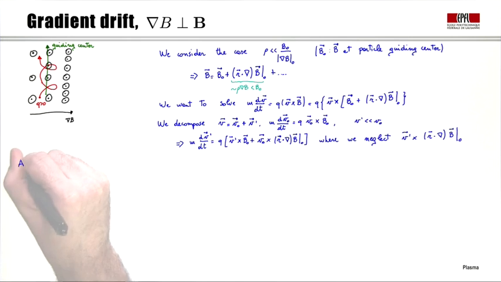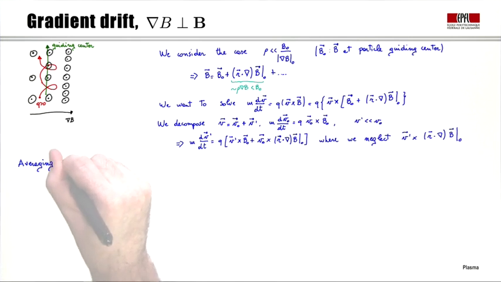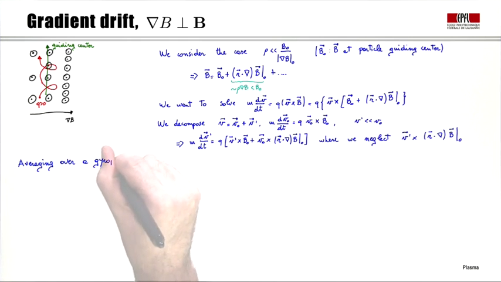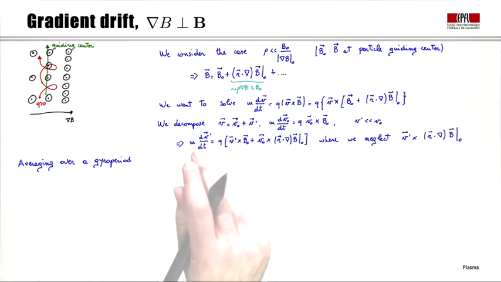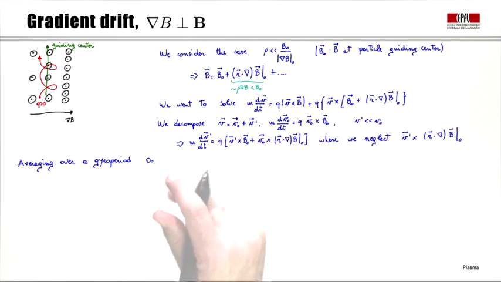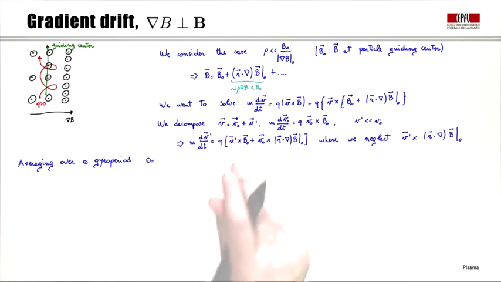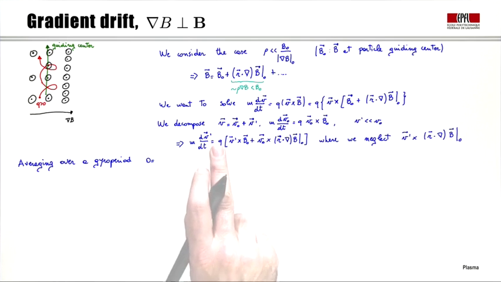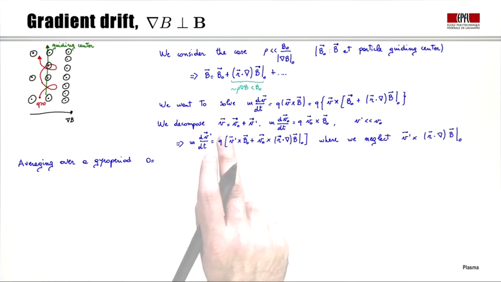So now, averaging this equation over one gyro period, the first term will give 0. The second one is all proportional to the charge, so we can drop the charge.